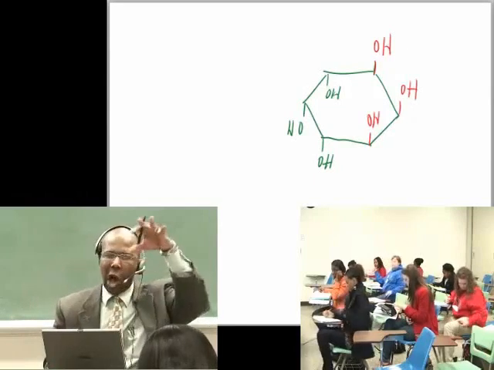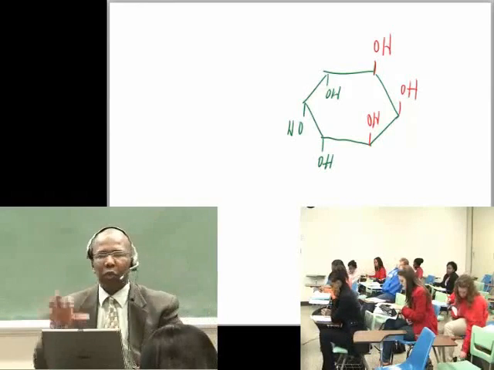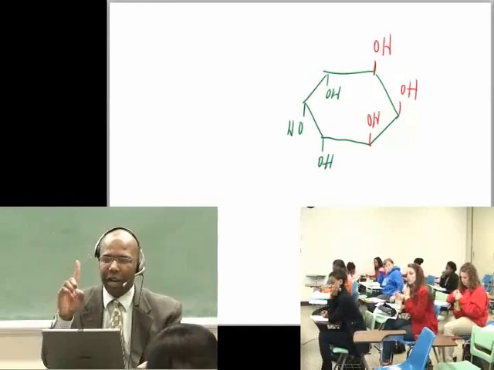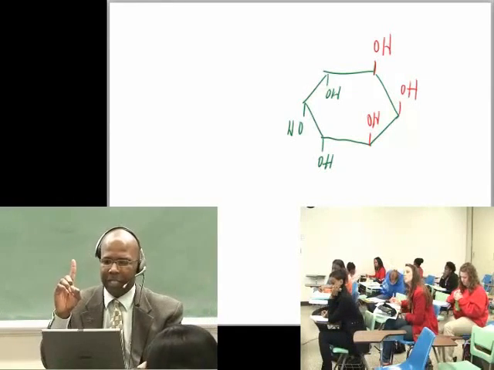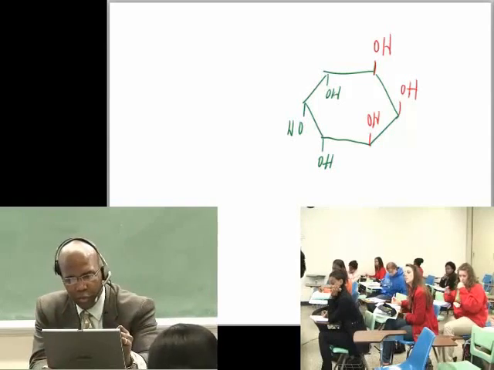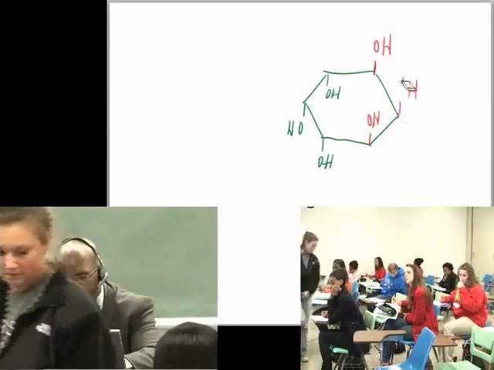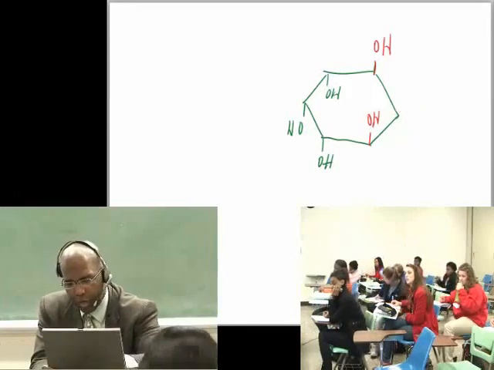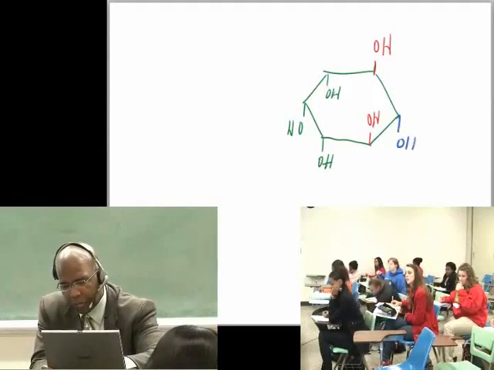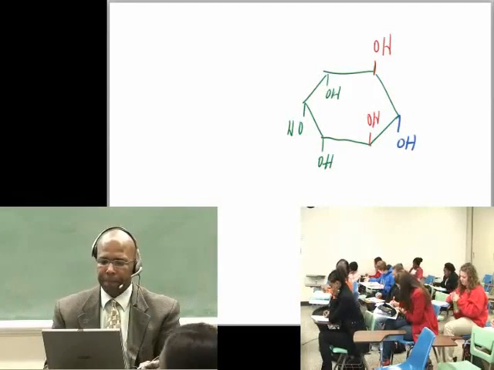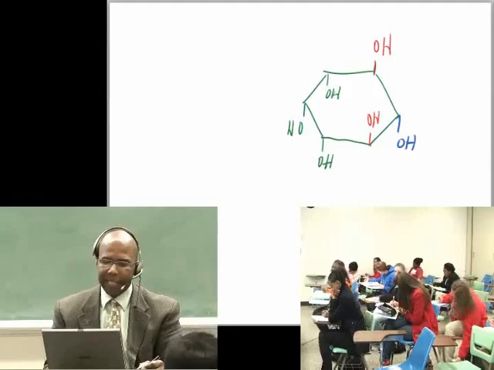On the left side, all of the OHs are down. On the right side, all of the OHs are up, except for one of them. And so if this was a sugar, this would be carbon 1. So it is number 1. Except for 1. 1 is down. And that's inositol.